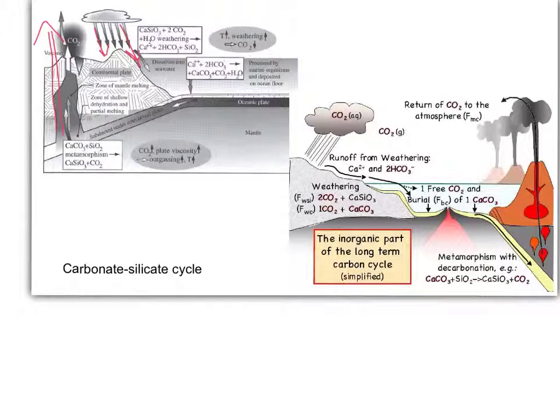So then you have things like bicarbonates and other dissolved materials that can flow off into the ocean. And in the ocean, you have a variety of chemical reactions that take place to produce various kinds of carbonates, like calcium carbonate in this particular example.